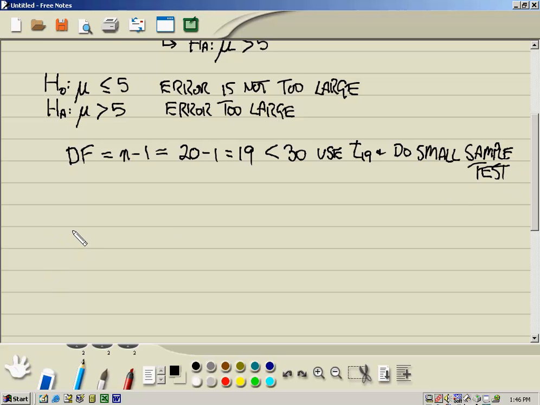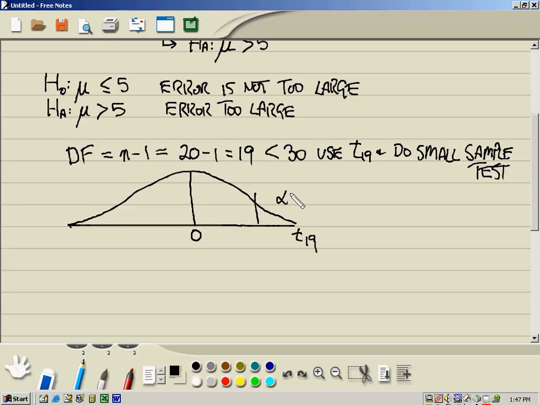So let's now draw a diagram. This will be the t with 19 degrees of freedom, upper tail test with an alpha of 1%.